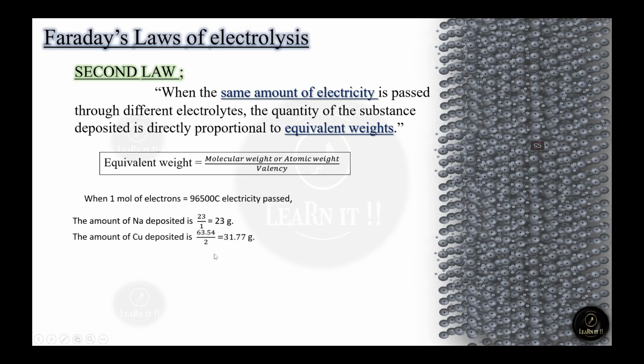The amount of copper deposited is 63.54 divided by 2 is equal to 31.77 gram. Here 31.77 gram is the equivalent weight of copper because it was in Cu+2 form. The equivalent weight of aluminum is 9 gram.